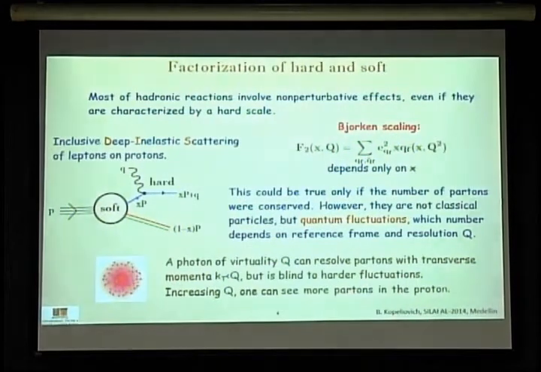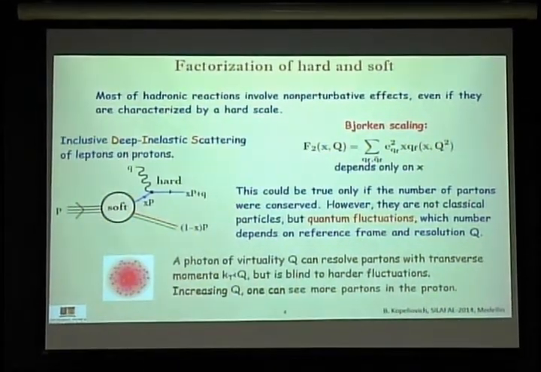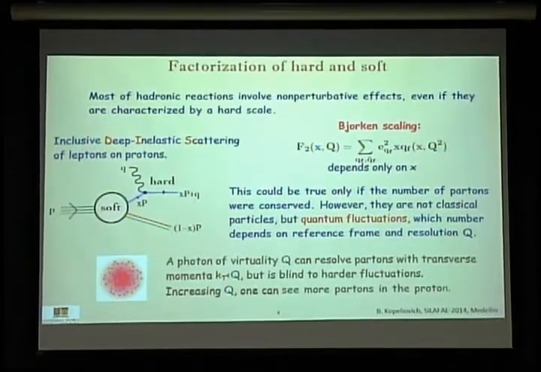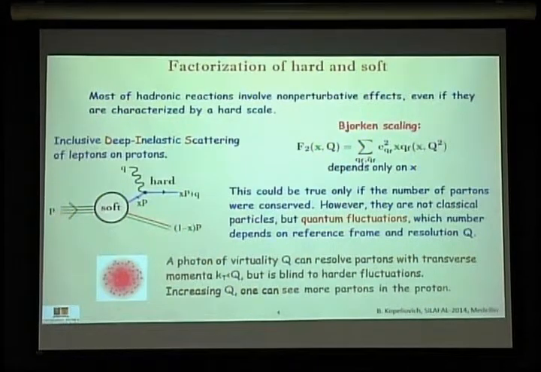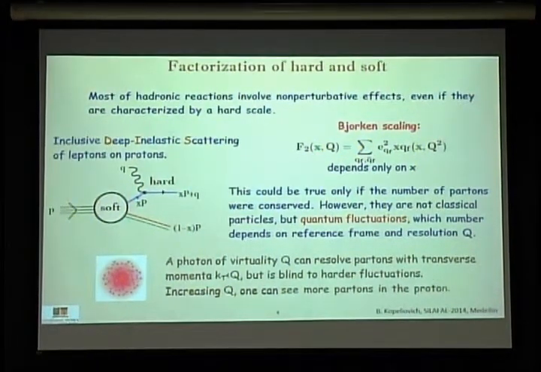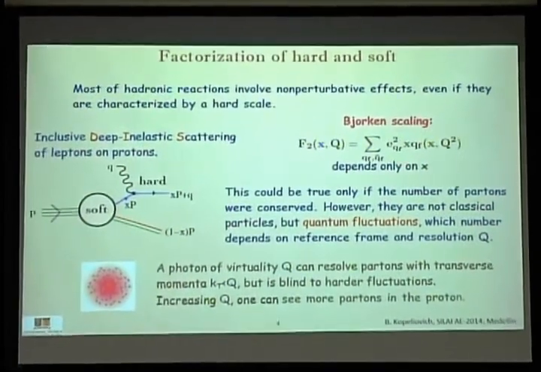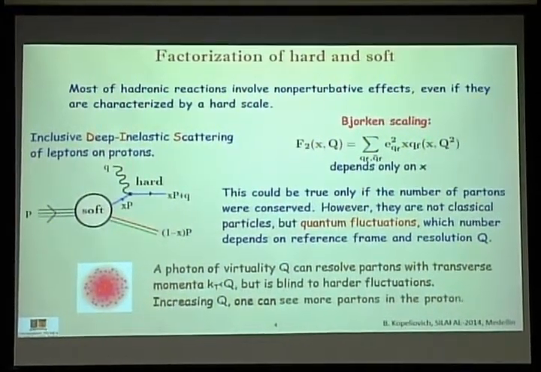If we have a hard reaction, and this is a classical example of a hard reaction, deep inelastic scattering, the soft interaction controlled by the proton structure factorizes from the hard process of absorption of the highly virtual photon by a quark, and this soft part can be expressed via a structure function F2, which is just a sum over quark distributions.